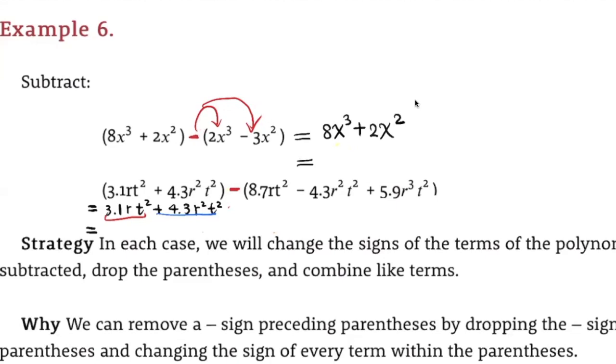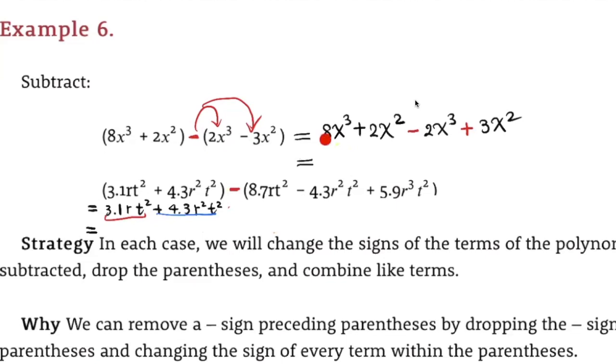So what should I put over here? Minus 2x cubed, and then plus 3x squared. Yes, so you see the sign over here changed. Minus here, and this changed to plus. Now we combine like terms.